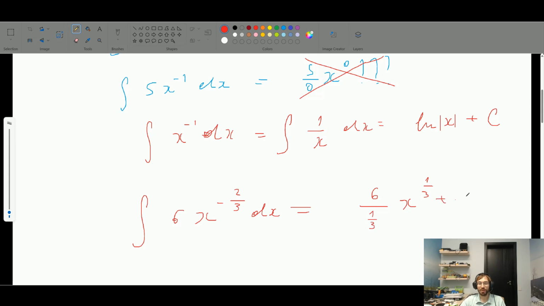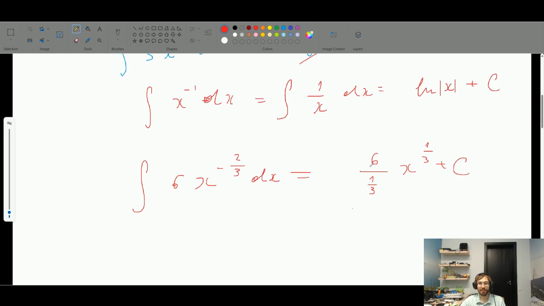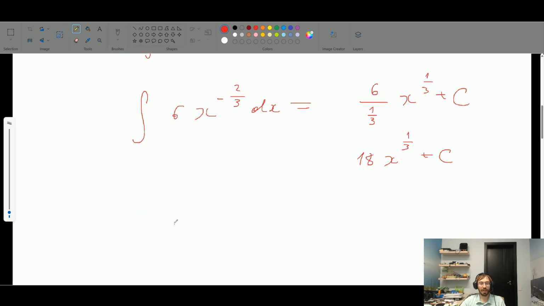Of course, this requires simplification. 6 divided by 1/3 will be the same as 6 times 3, so it will be 18 x to the power 1/3 plus c. I hope this is clear for now, and we can move on to other standard questions and mistakes.